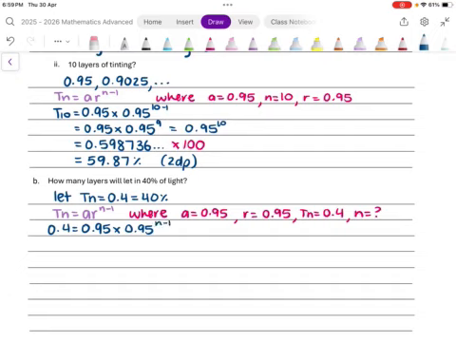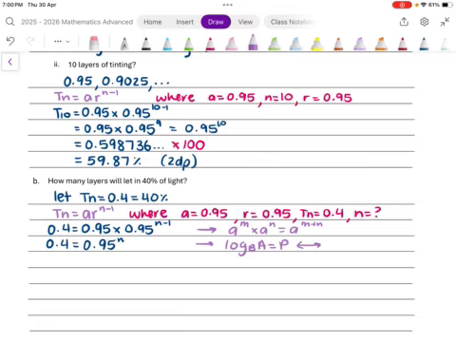What we can do here is use our index laws of a to the power of m times a to the power of n is a to the power of m plus n, to get 0.4 is equal to 0.95 to the power of n. Now we're solving for n, so I'm hoping you're sitting there saying you need to use log BAP, and if you are thinking that, you are correct.